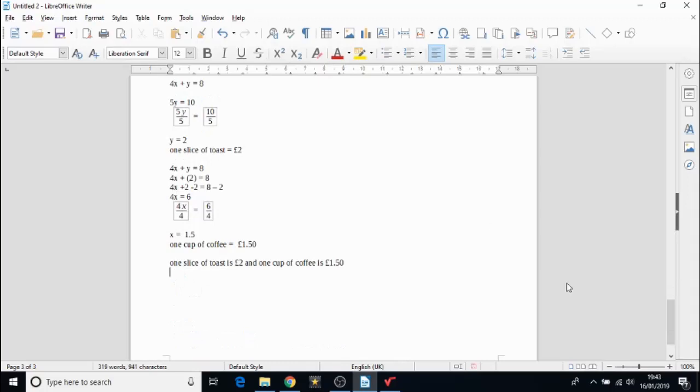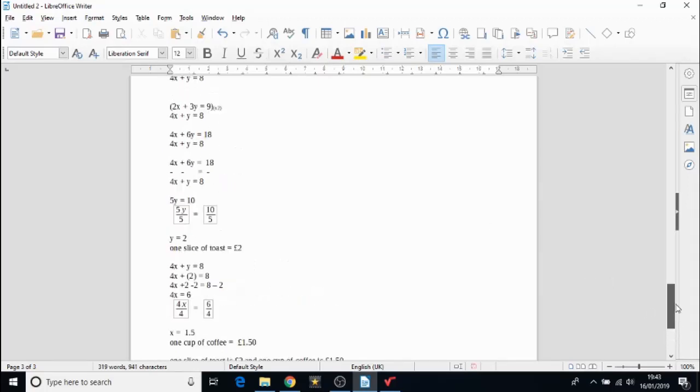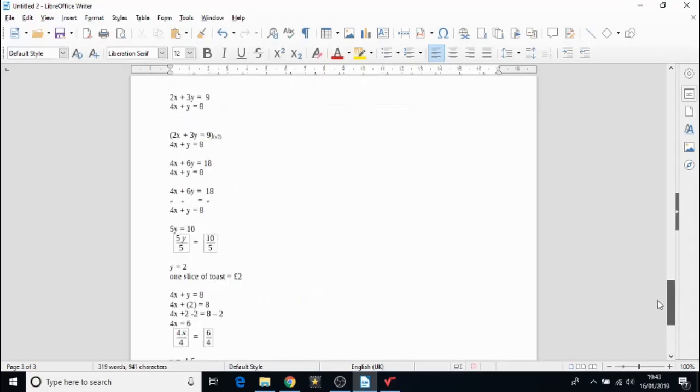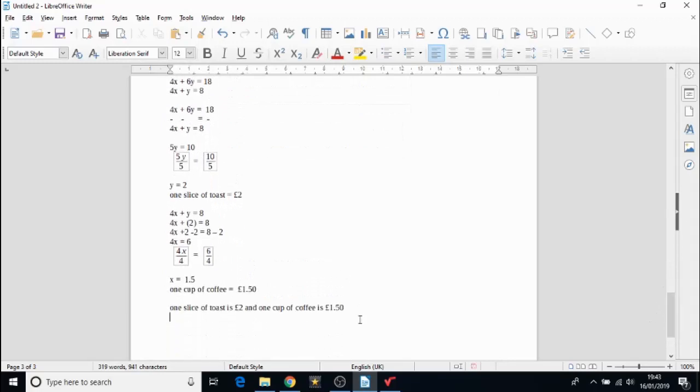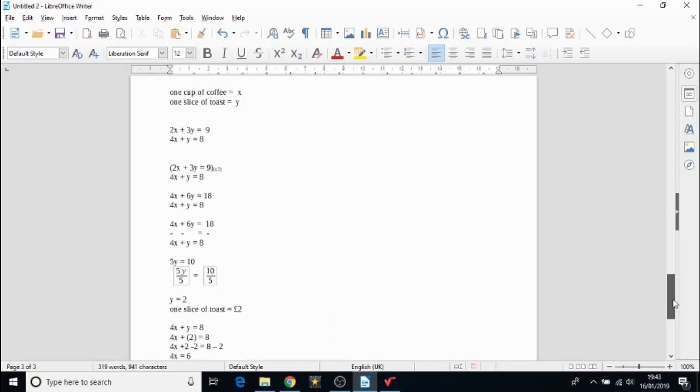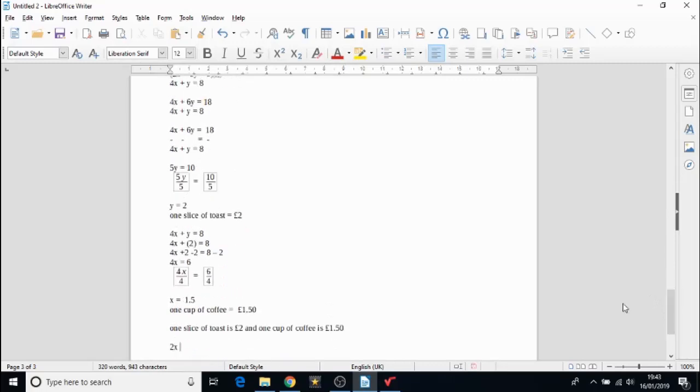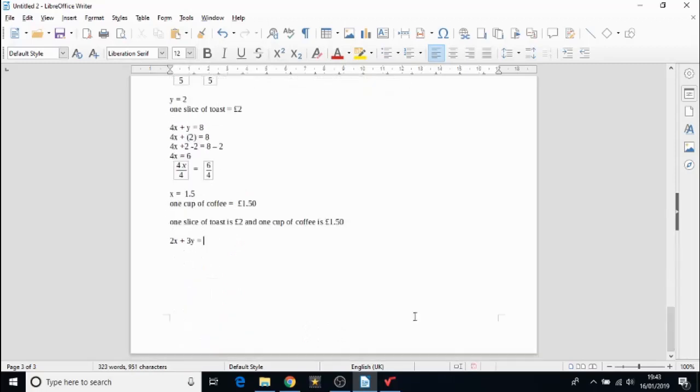If you want to check if it satisfies both equations, you can put it back into the second equation and you should get the same answer on the left-hand side. So let's put it in. 2x plus 3y is equal to 9. x is equal to 1.5.